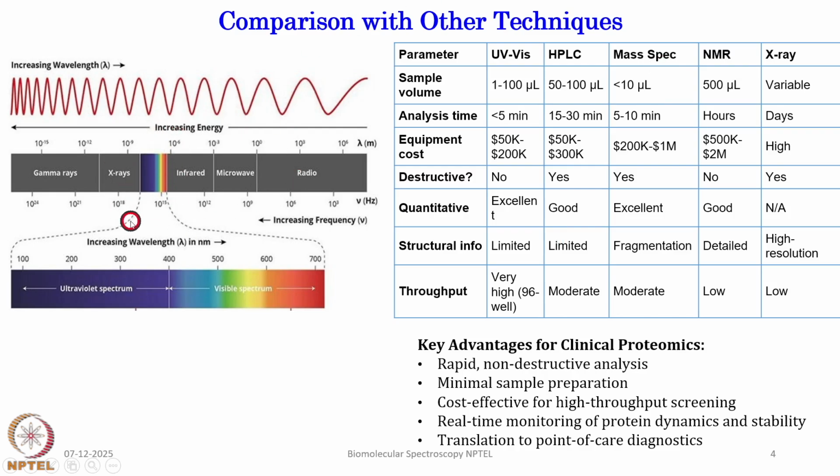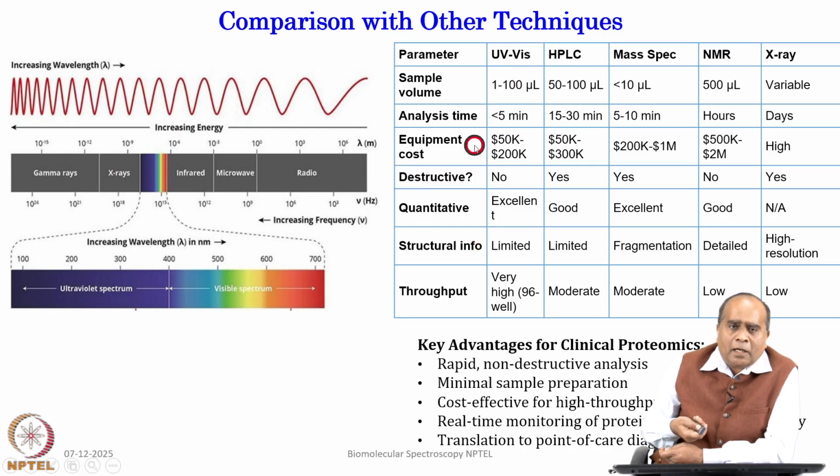Here is our UV visible range. This is for IR, this is for microwave spectroscopy, this is for NMR, then X-ray and gamma ray, all of which we have seen, right. So, if we compare with other techniques, UV visible requires the minimum volume, if you compare UV visible with HPLC, mass spec, NMR and X-ray.